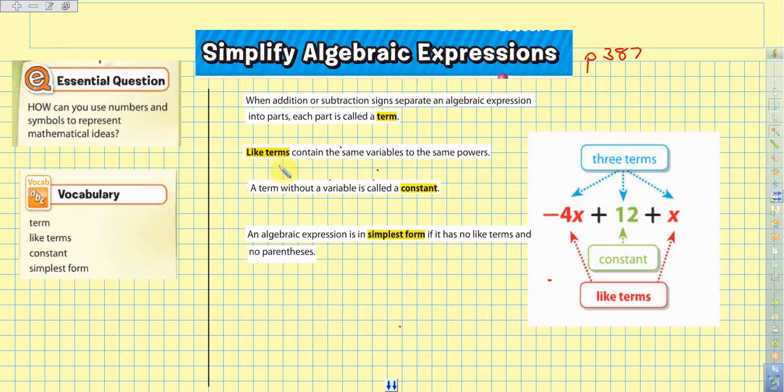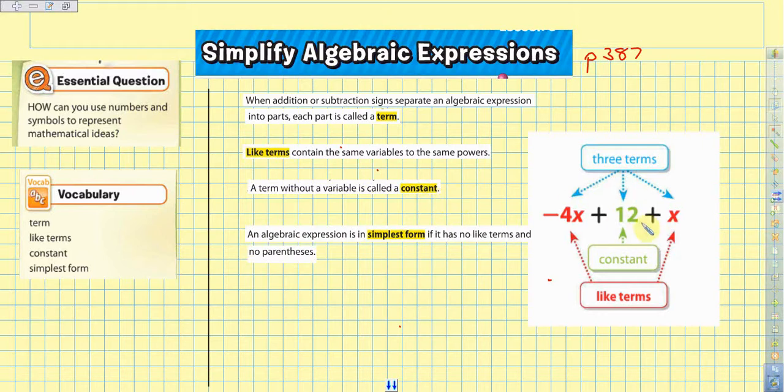Okay, like terms contain the same variables to the same powers. So usually we're looking for things that are the same or like. So in this case, I have two like terms because they both have the same variable, x and x. And then a constant is a term without a variable.